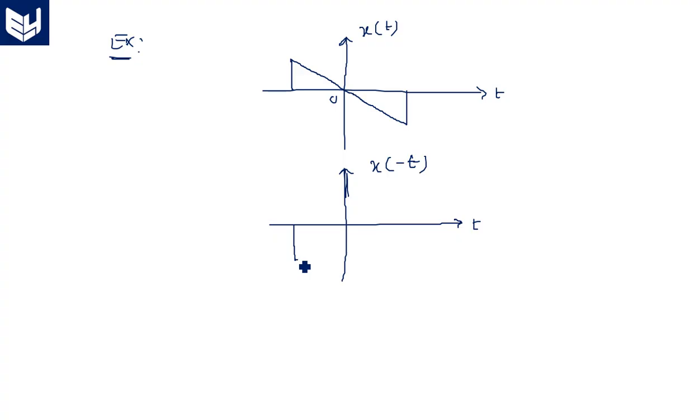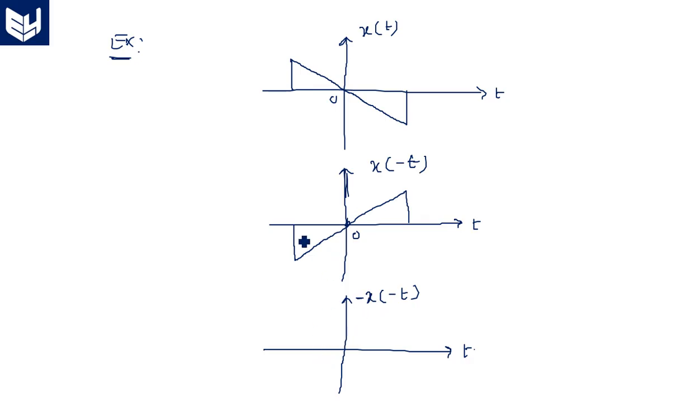So it is folded vertically. Now draw the signal x of minus t with negative amplitude.